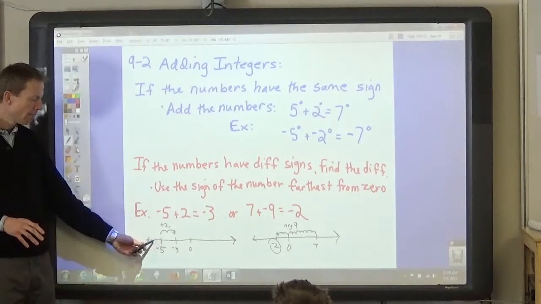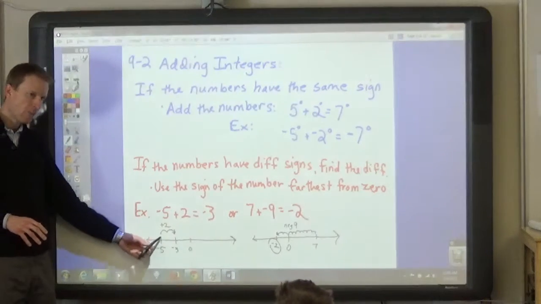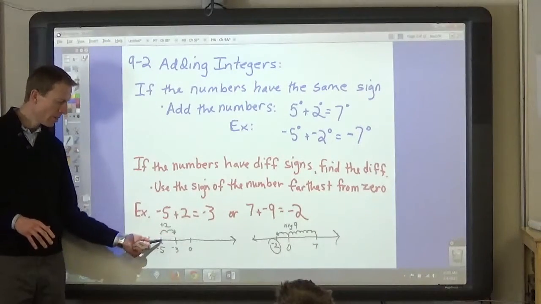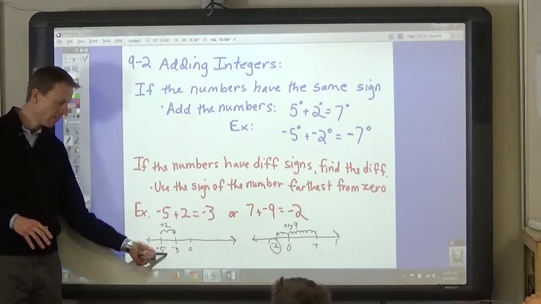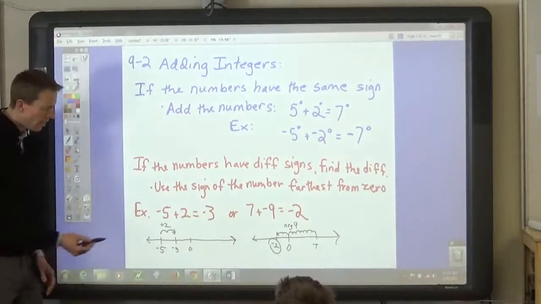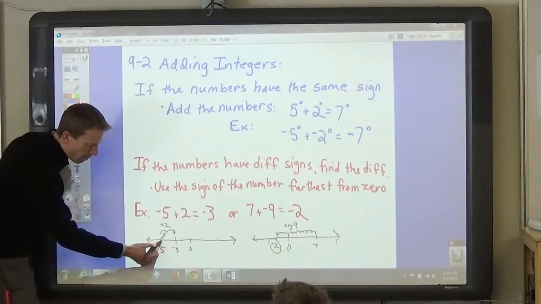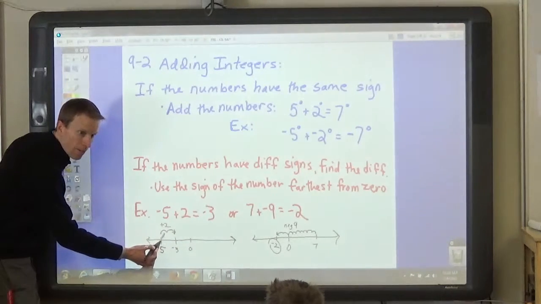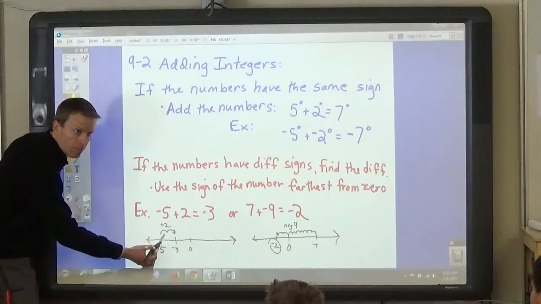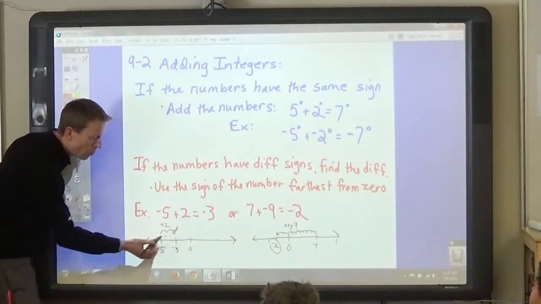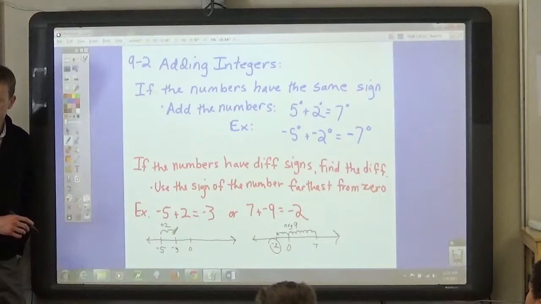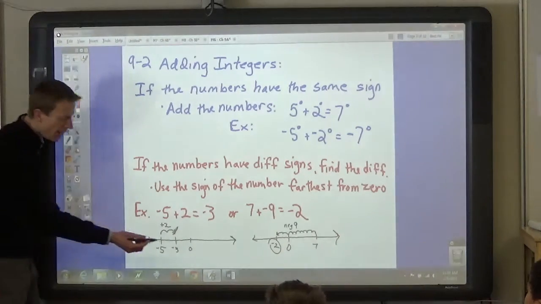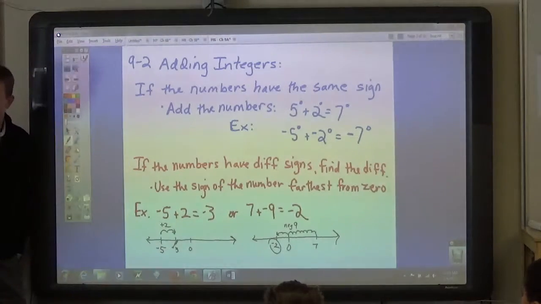But since negative 5 is 5 spaces to the left of 0, our answer is still going to be negative. See, let's look at this number line. Negative 5 plus 2 means 5 to the left of 0, and then 2 back to the right. Where do we end up? Negative 3. We still end up at negative 3. Right?